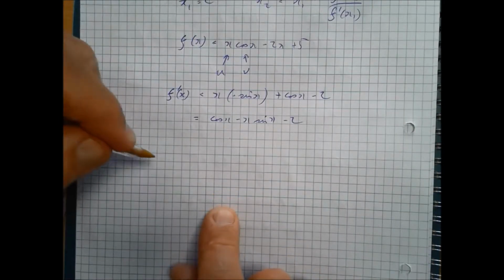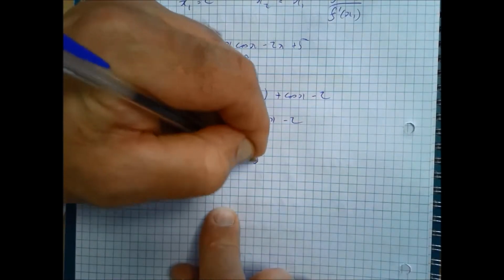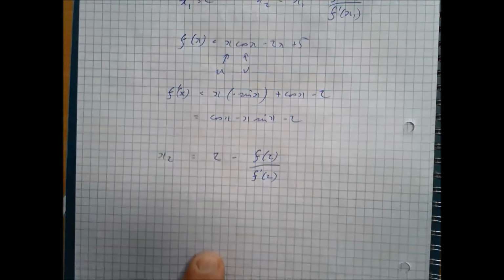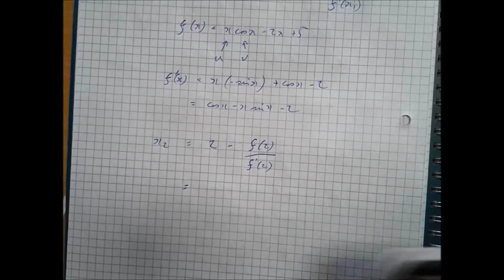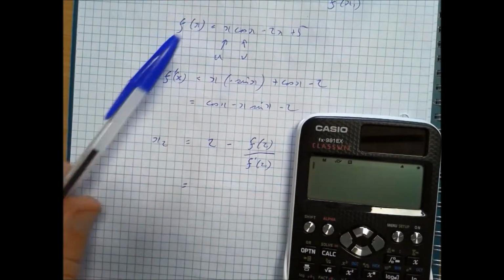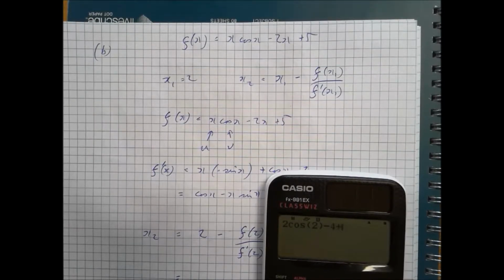Okay, so we're now in a position to get x2 equals 2 minus f of 2 all over f dash of 2. Now f of 2, using the calculator for that, putting that back into the original function, I'm going to do 2 cos 2 minus 2 times 2, which is 4, plus 5 equals 0.1677.